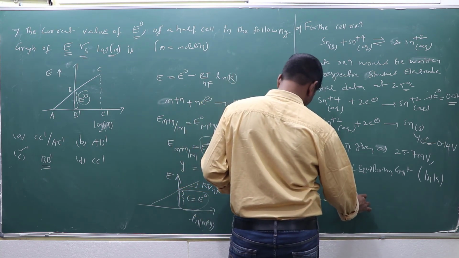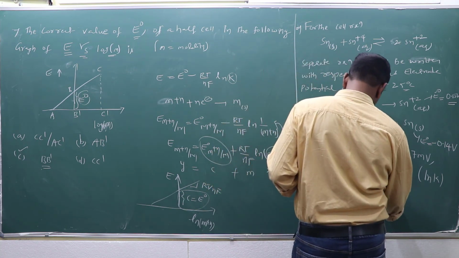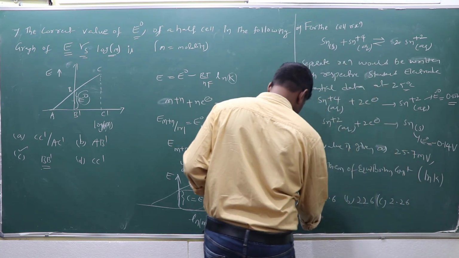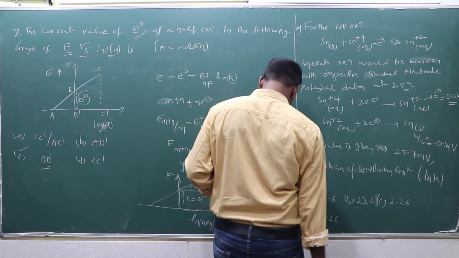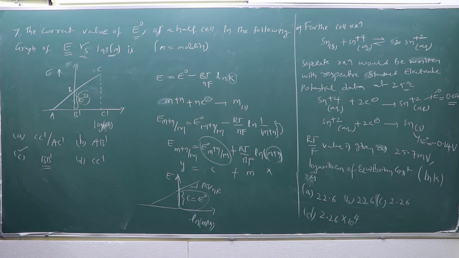Option B, 226 volts. Option C, 2.26. Option D, 2.26 into 10 to the power of 4. So how can you calculate that? Identify what is given and what you have to calculate. That is the problem.